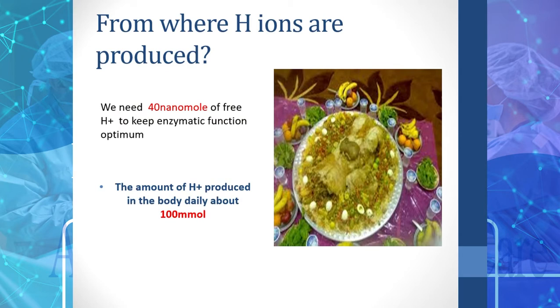From where are these hydrogen ions produced? From food, from metabolism. Any activity in the body will release acids, and these acids release hydrogen ions. Daily we have a load of maybe 100 millimoles.